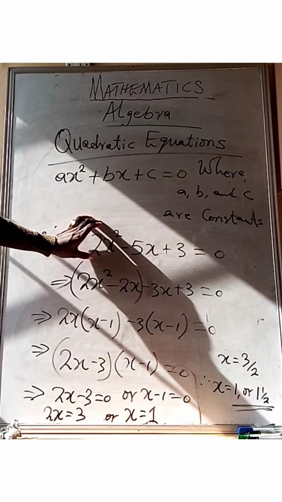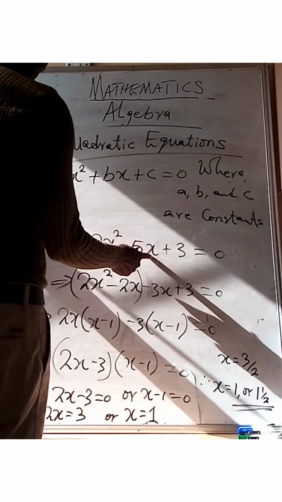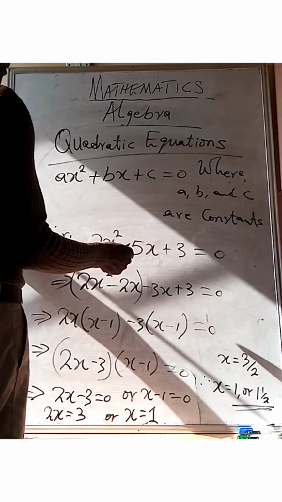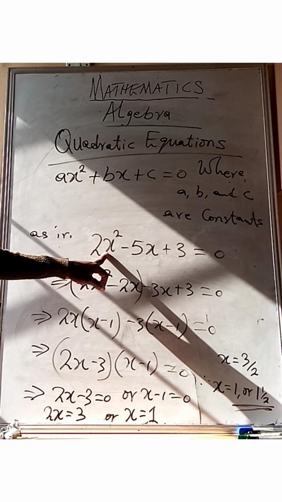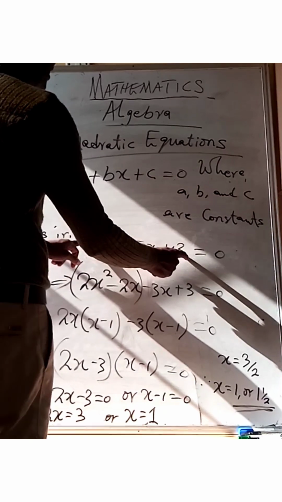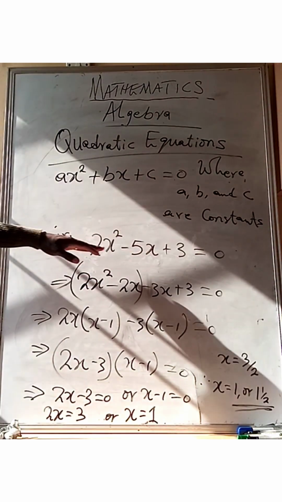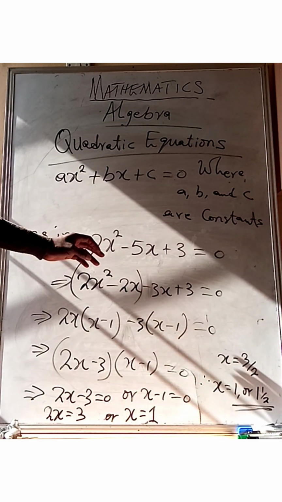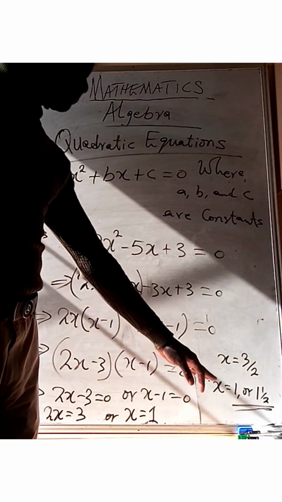That satisfies the equation. 1.5 times negative 5 is going to be negative 7.5. 1.5 squared is 2.25. 2.25 times 2 is 4.5. 4.5 plus 3 is 7.5. 7.5 minus 7.5 is 0. Those are the two values that can make this equation consistent, and those are the ones we have found.